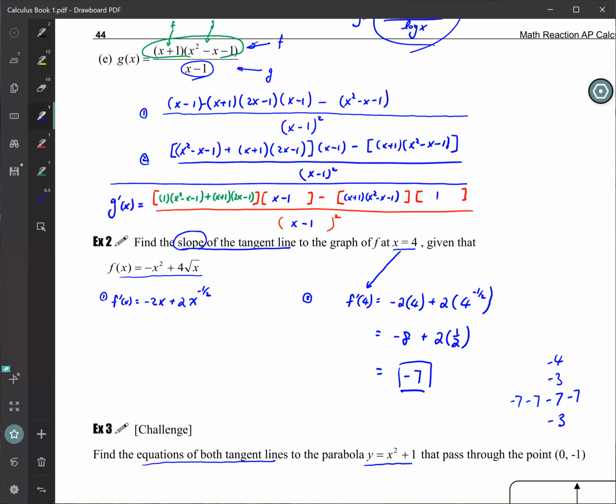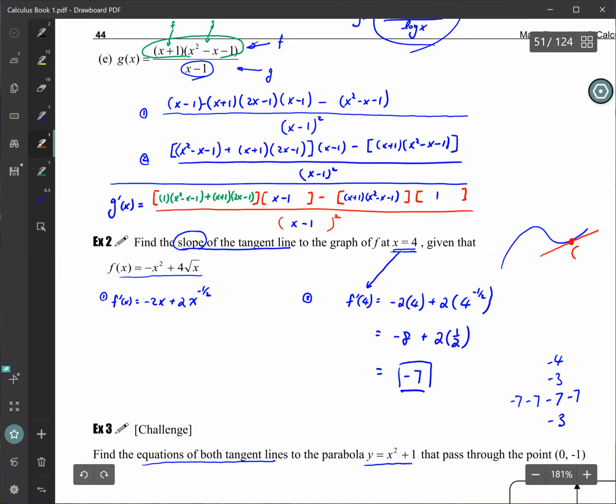In question 2, the tangent to the graph is at x equal to 4. That means 4 is on the graph, right? Because you want to place the tangent line touching the function at 4. So let's say here's the curve, and you place a tangent line, let's say here.